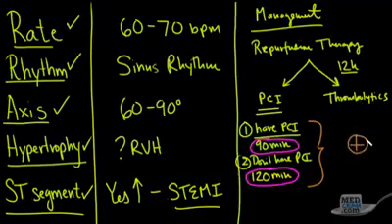Now, you may still have to transfer the patient for rescue percutaneous coronary intervention, but in terms of primary PCI, you need to know those numbers because that is the treatment for this.